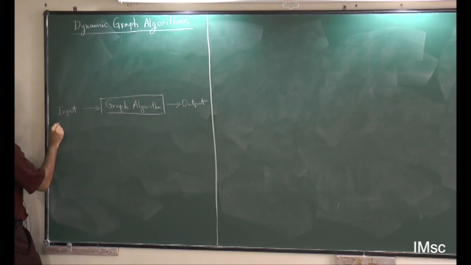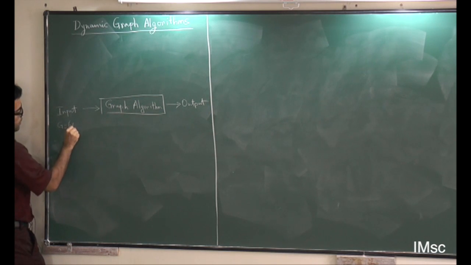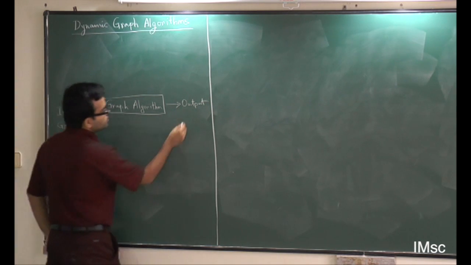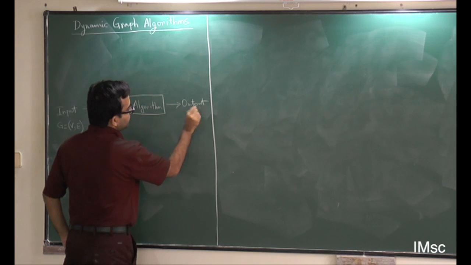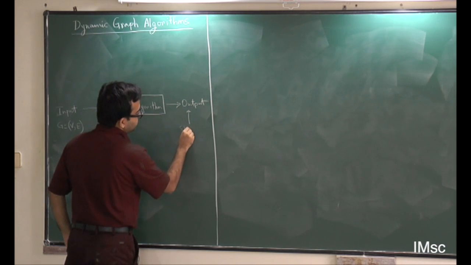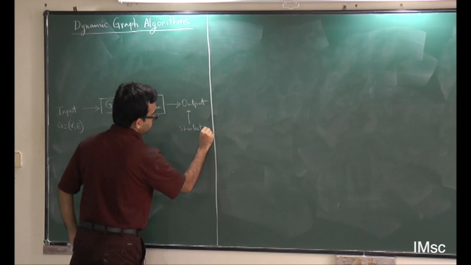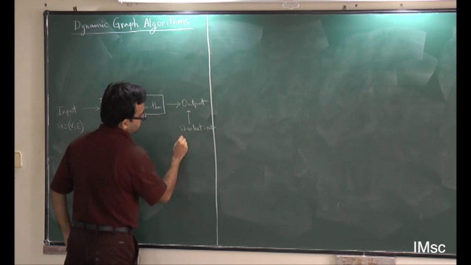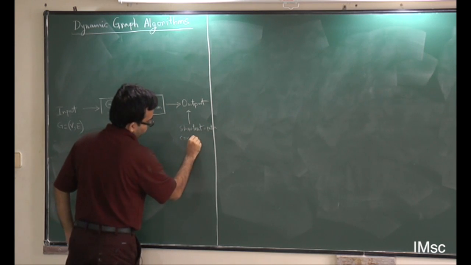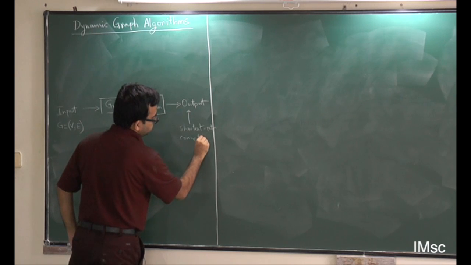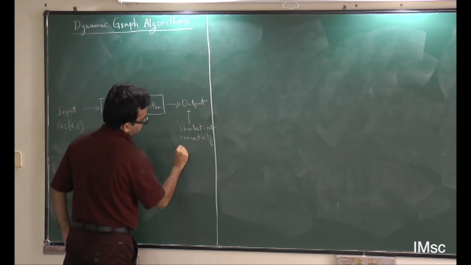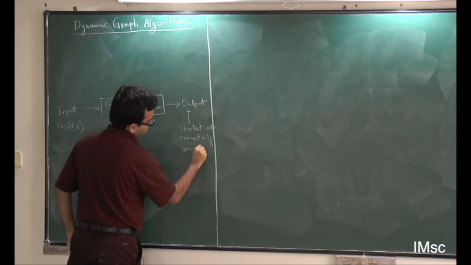So, the input is the graph G, and the output, depending on the problem, it can be anything. Say it can be shortest path information or connectivity information, minimum cut, and so on.